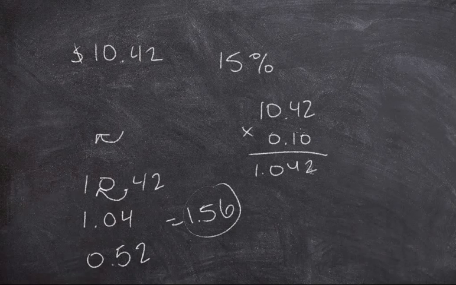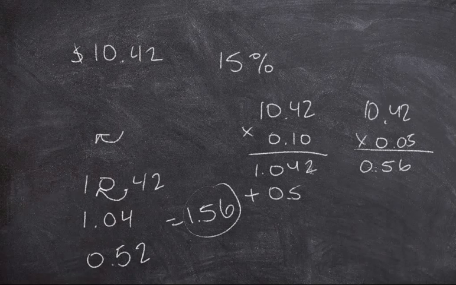Well, 5 is half of 10, so if this is 10%, then 5% is half of that, which is 52 cents. Sorry, I'm looking at the wrong number. Then I add those together and get 1.56. I keep making writing errors here. 1.56, and there's your tip.